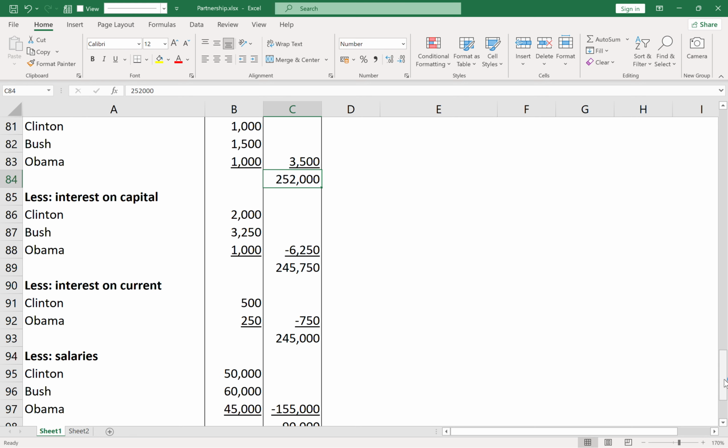Then we have to deduct the interest on capital. We are told about the capital contributed by Clinton, Bush and Obama, so we shall look at our instruction.